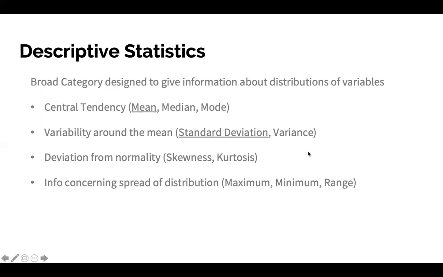And typically there's variance and there's standard deviation. We're going to focus on standard deviation because we need to cut to the chase, because that's what's important. So mean and standard deviation are really the two aspects we're going to jump into in terms of being able to calculate those scores both by hand and by SPSS.